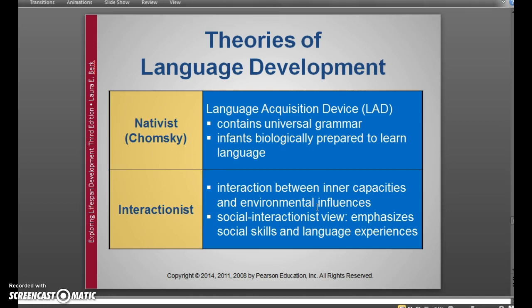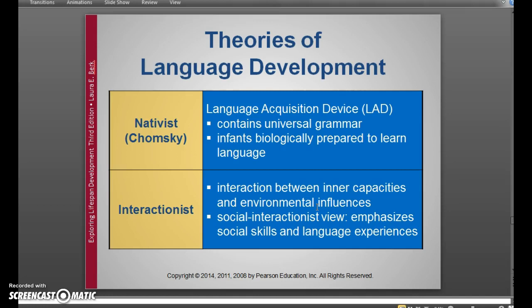So, moving on to theories of language development. We have 2 types. We have the nativist, where Chomsky is the theorist, with a language acquisition device that contains a universal grammar, infants biologically prepared to learn language. That is his theory, that we come pre-programmed to adapt to that language.